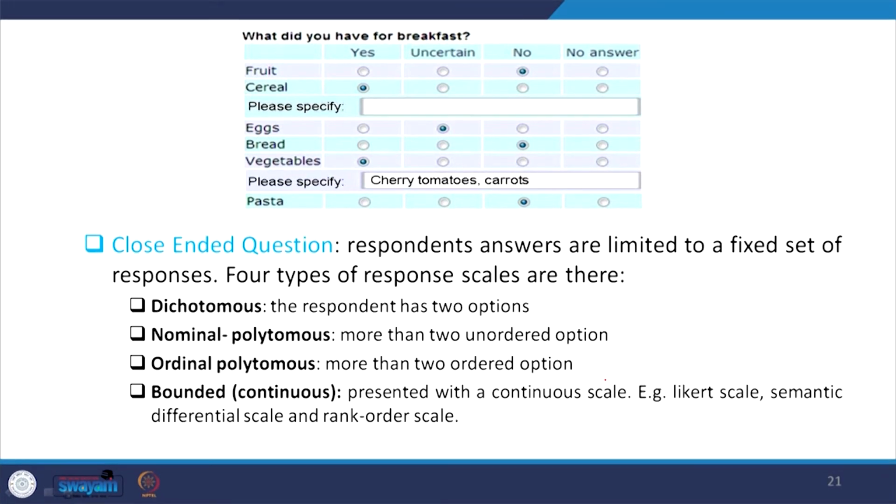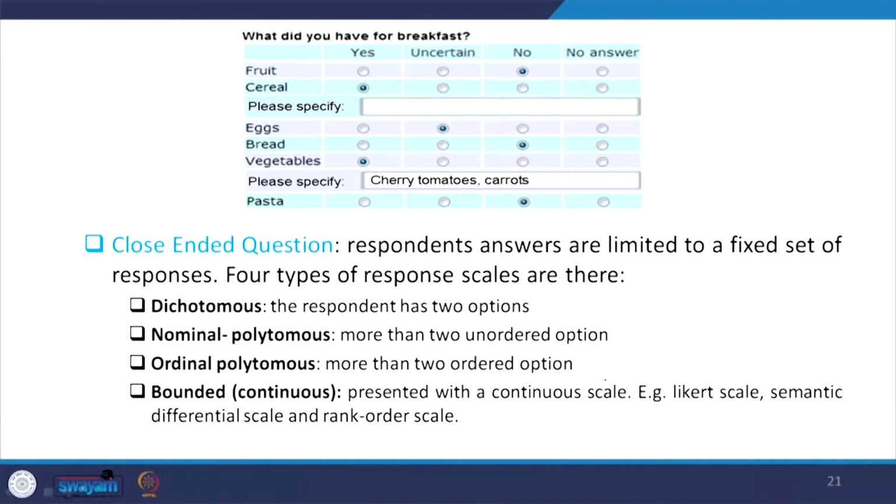Now, regarding close ended questions, we discussed earlier that respondents' answers are limited to a fixed set of responses. Four types of response scales are there to understand the close ended question. One is dichotomous, where at most two answers are possible. It has basically two options.